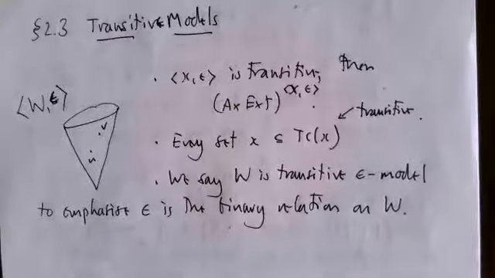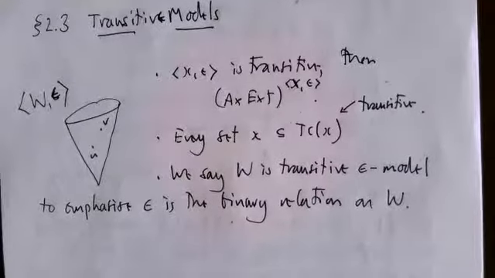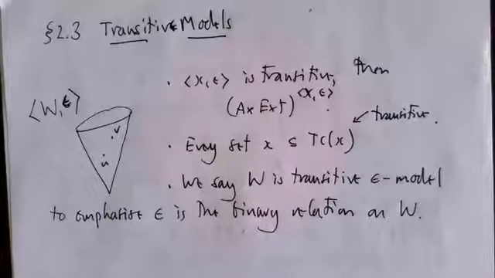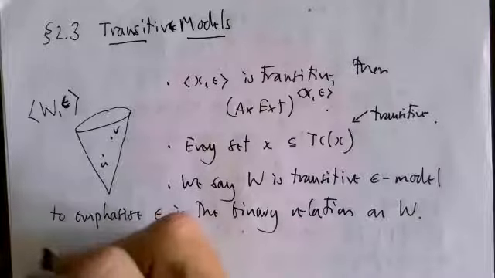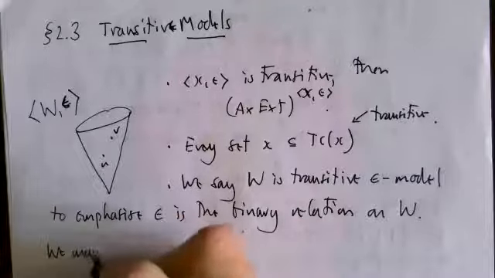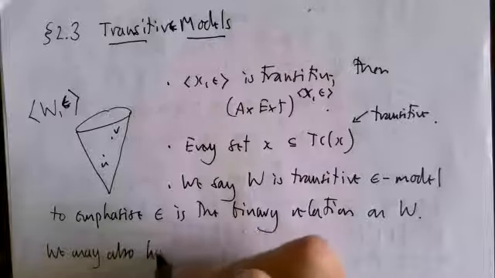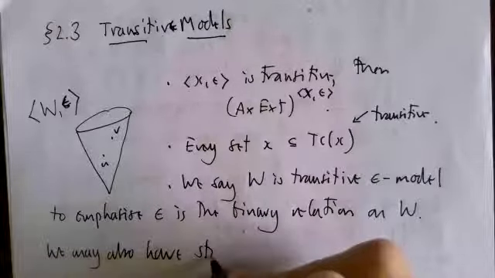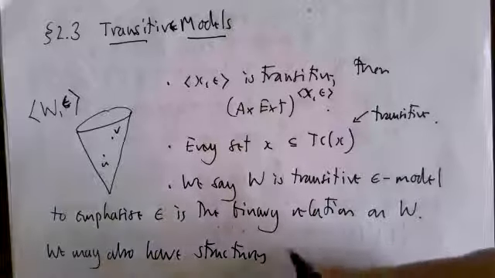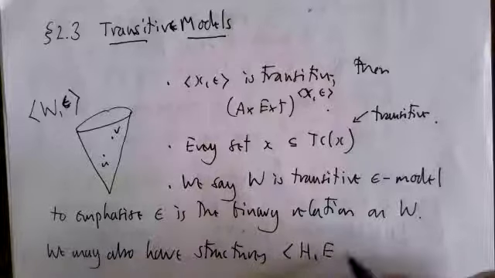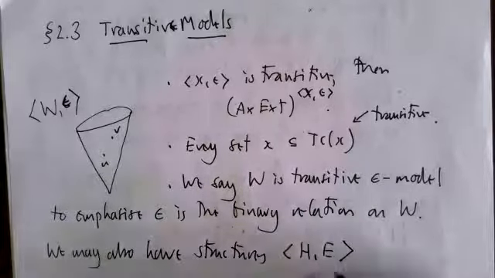But there are other situations where we have things that are very similar to transitive models. In fact, they might be isomorphic to transitive models. So we may also have structures in our universe, H here, with some E relation.